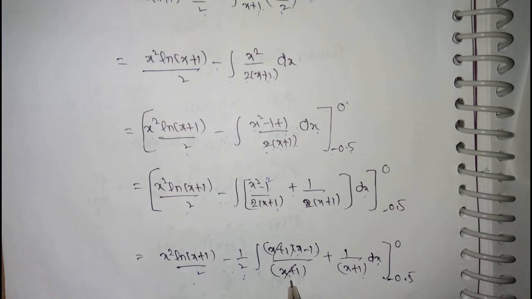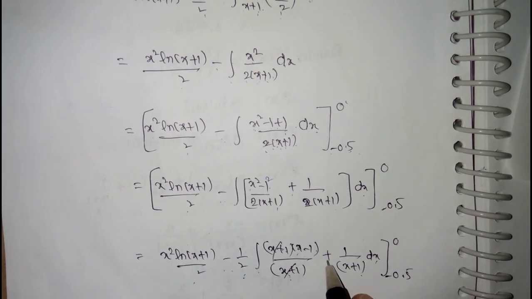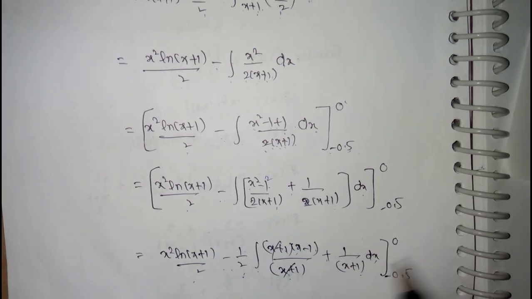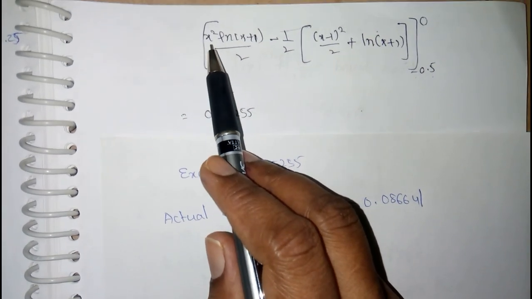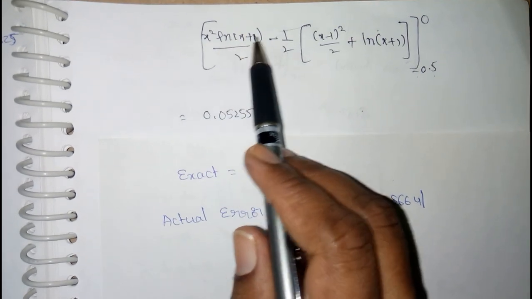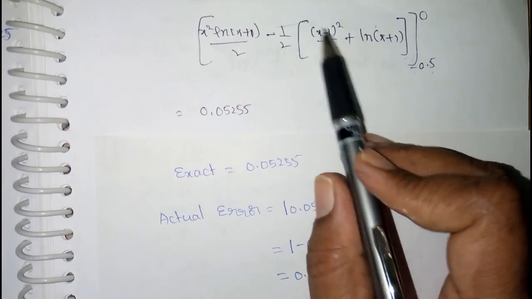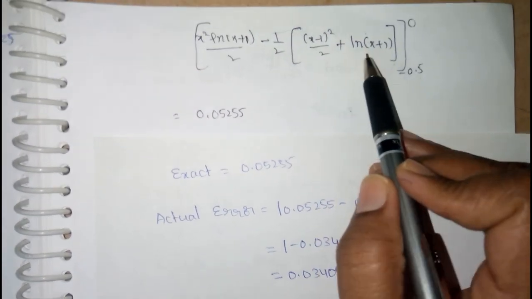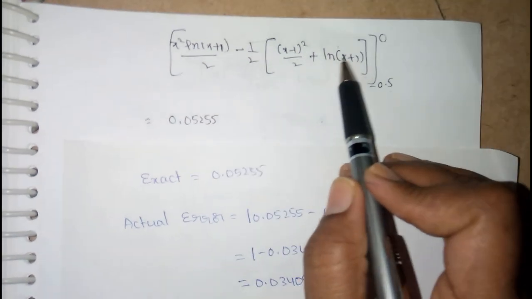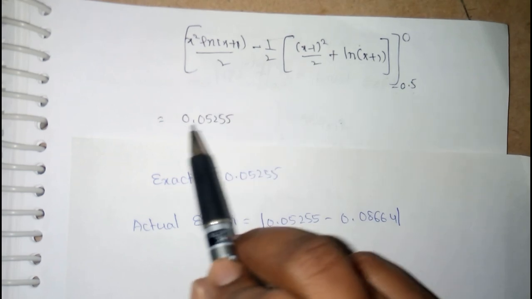Here x + 1 is cancelled, so we get x minus 1 plus 1/(x + 1) dx. Next, x square ln(x + 1) by 2 minus 1/2 times the integration of x minus 1, which is (x - 1) whole square by 2, plus the integration of 1/(x + 1), which is ln(x + 1). Next, substituting the limits in this function, we get the answer.